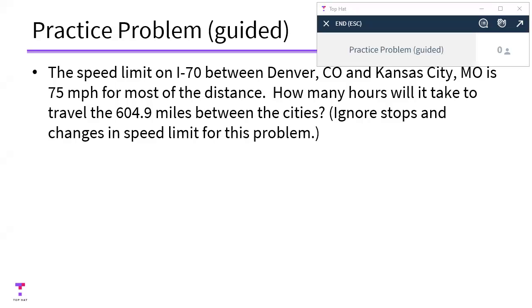How many hours will it take to travel the 604.9 miles between the cities? For the purpose of this problem, we are going to ignore changes in speed limit and ignore stopping. We're just going to assume that Iron Man is driving the distance, because anyone who's traveled 605 miles knows that's not an easy little trip.